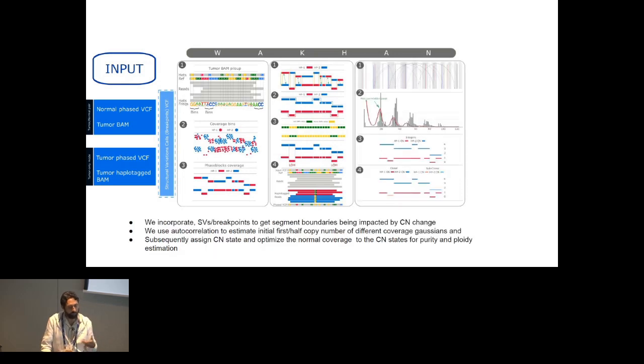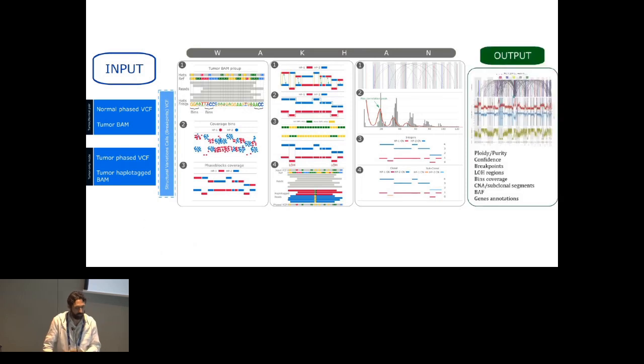We incorporate SV and breakpoint segment boundaries, which are impacted by copy number changes. We use autocorrelation to estimate the first copy of the genome, and based on that, we determine all other copies as Gaussian distributions. Subsequently, we assign copy number states. And this is the output of Vahan.